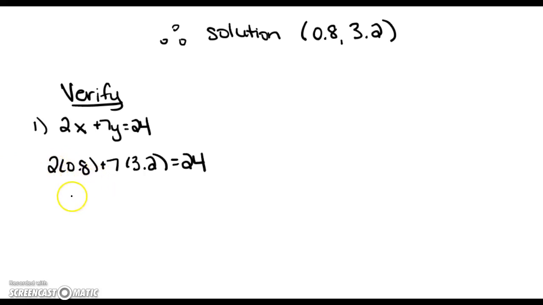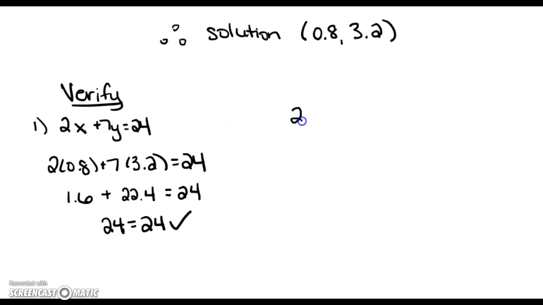So 2 times 0.8 is 1.6, and 7 times 3.2 is 22.4. Adding the two together, we find that 1.6 plus 22.4 is 24. So 24 equals 24, so we know that that solution works out for our first equation.